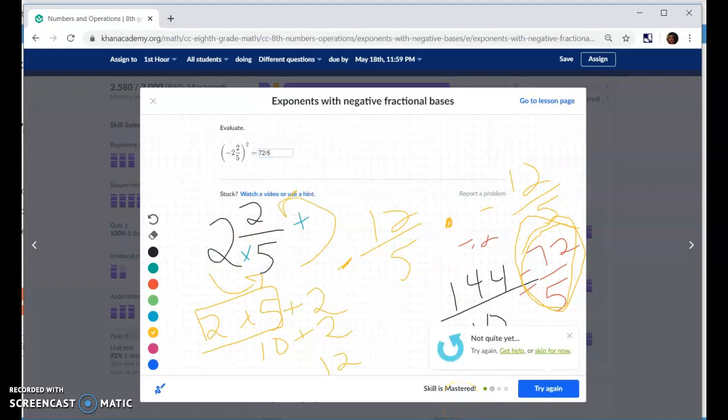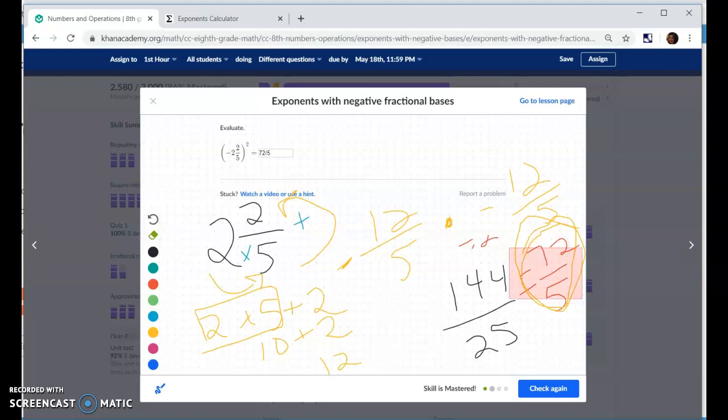Check. Not quite. Oh goodness, okay, it says I'm wrong. What did I do wrong? Okay, 2 times 5 is 10, plus 2 is 12. Negative 12, okay, 12 times 12 is 144. 5 times 5 is, it's not 10, it's 25. Okay, so here's what I did wrong. Alright, so I'm going to erase this. This should actually be 25.